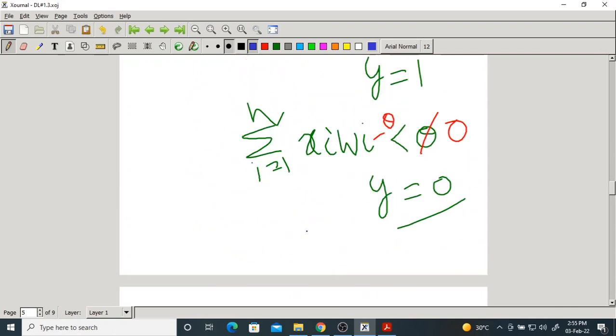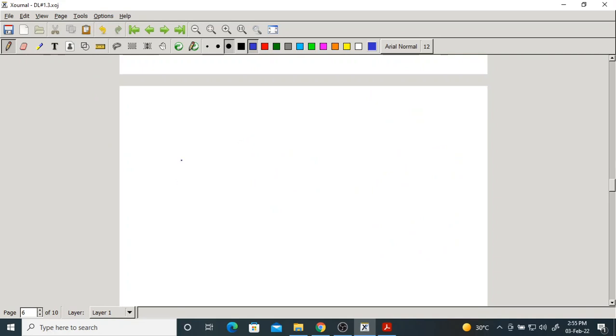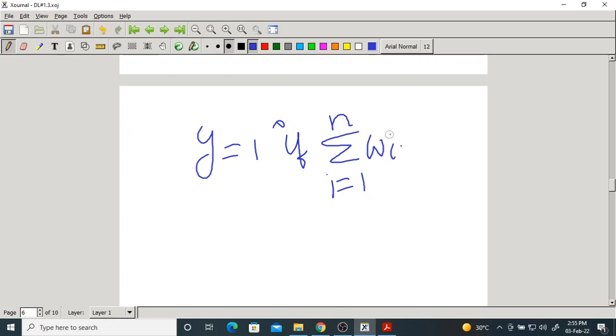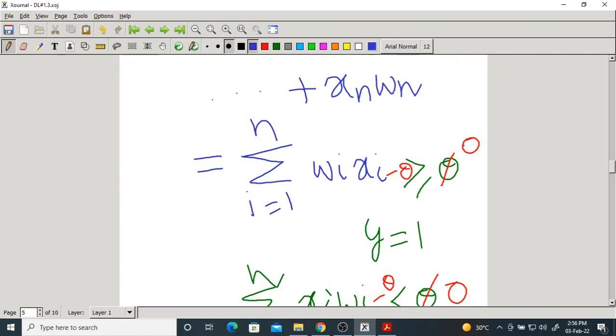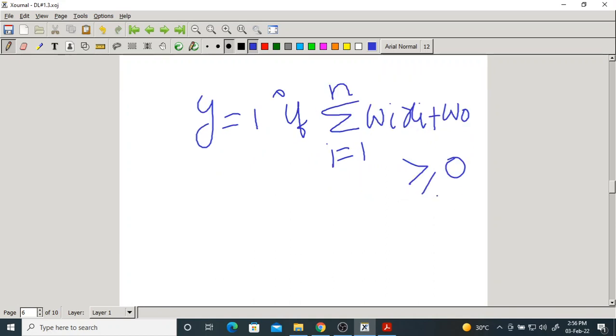Finally, the final equation is: output equal to 1 if the sum from i equal to 1 to n of omega i xi plus omega naught is greater than or equal to 0, and output equal to 0 if this is less than 0.